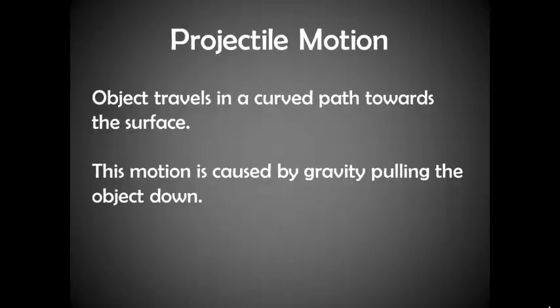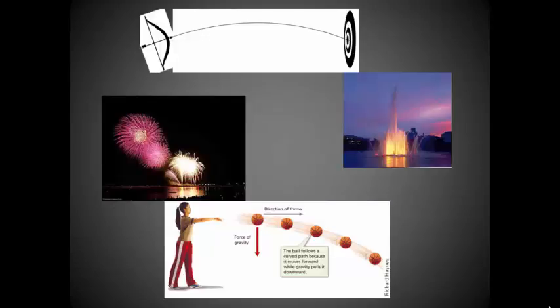We also have projectile motion, and this is when an object travels in a curved path toward the surface or the ground, and it's caused by gravity pulling the object down. Let's look at some examples of projectile motion. Shooting an arrow at a target, you'll notice that you have a curved motion here.